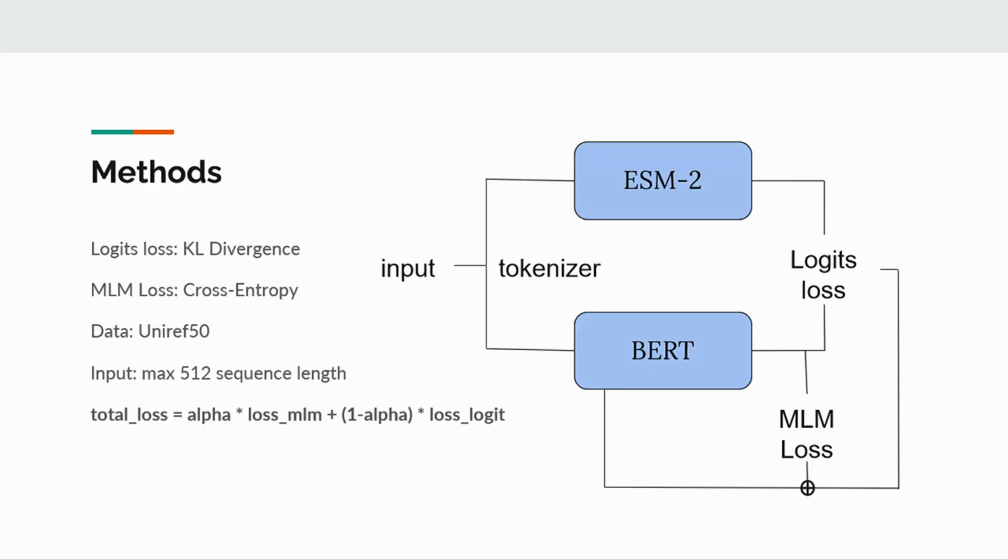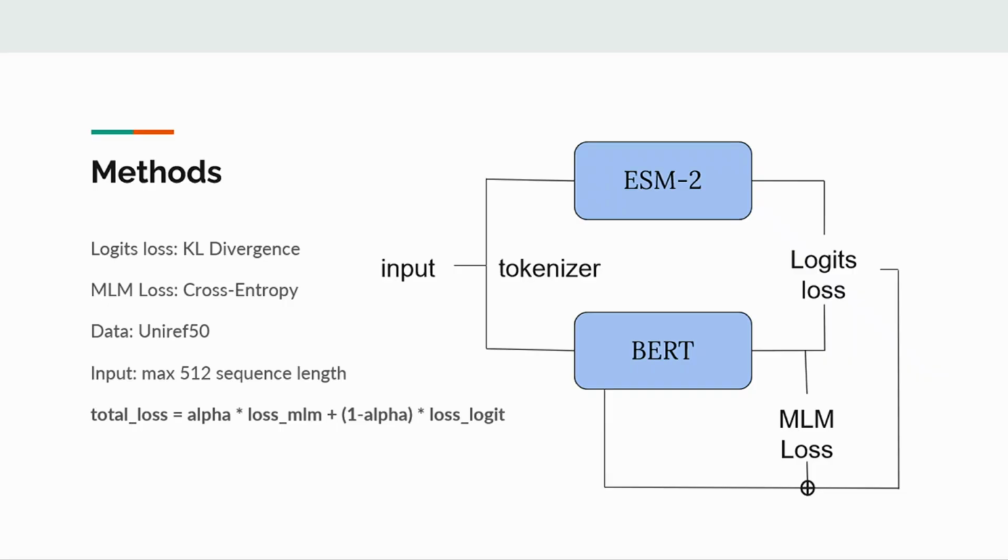This is a diagram of how we trained it. We used the data from UniRef50, and we limited the max sequence length to 512. We use the ESM2 tokenizer, and then we feed the input into both of the models.